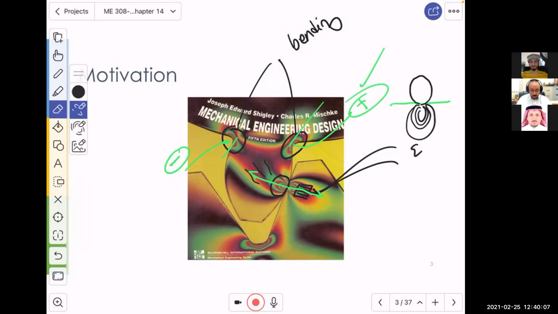Now, contact, ya shabab, is a mechanics by itself, an entire field called contact mechanics. It's part of solid mechanics. Solid mechanics is the mechanics that deals with solid bodies, something hard being pushed against another or being subjected to some sort of loading. So what would you expect?